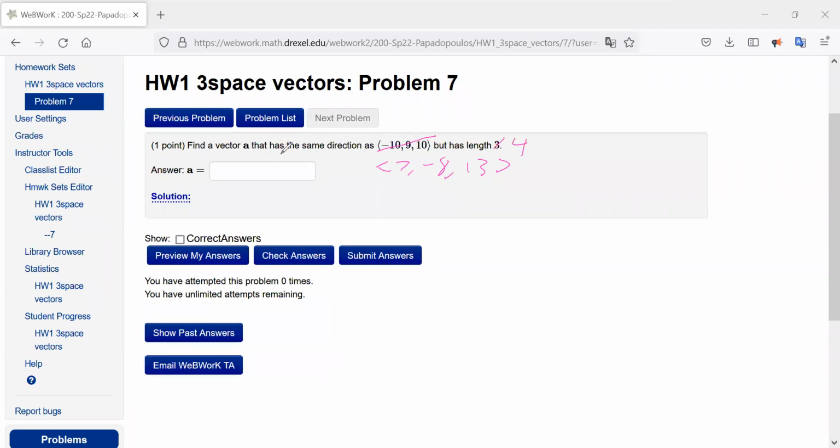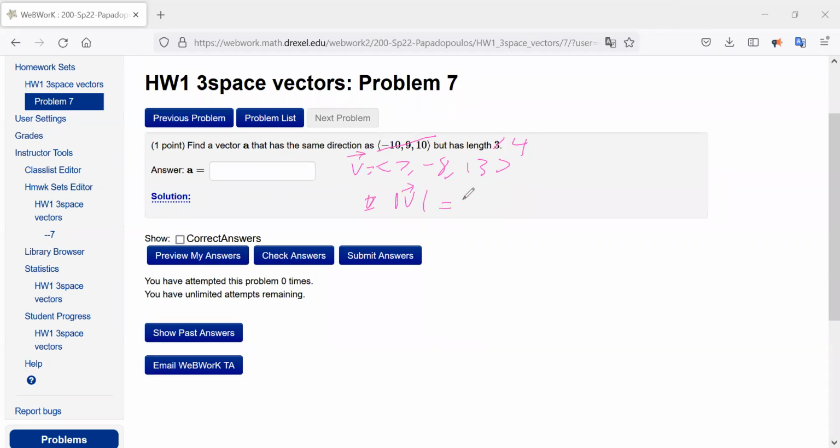Here we're going to find a vector that has the same direction as this new vector, but has length 4. It's not going to be a pretty number, but we'll figure it out. First, this is v, and we have to find the magnitude of v.